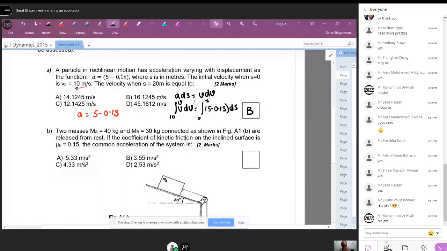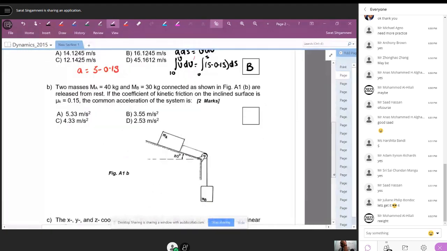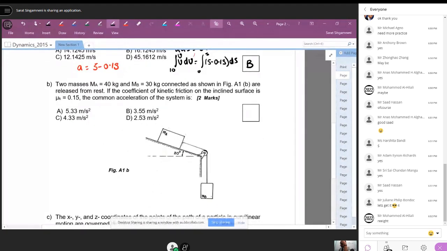Two masses, MA equal to 40 kilograms and MB equal to 30 kilograms, connected as shown in figure A1B, are released from rest. If the coefficient of kinetic friction on the inclined surface is mu k equal to 0.15, what is the common acceleration of the system?